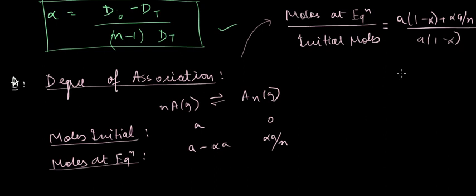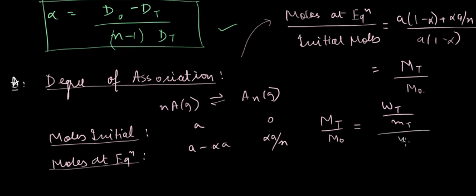We can also equate this to total moles at equilibrium over initial moles of reactants, which is MT by M0. That is nothing but weight of mixture at equilibrium divided by molar mass of mixture, over initial weight of reactant divided by molar mass of reactant.